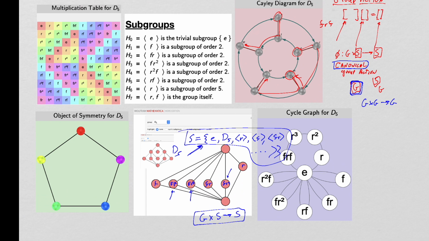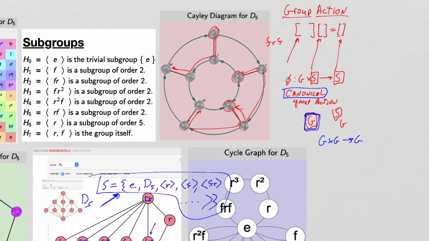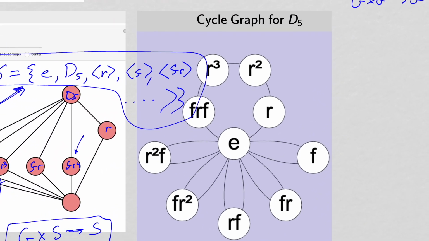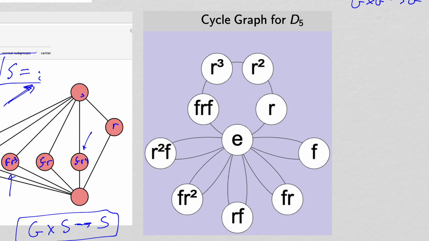But anyway, we have filled out our subgroup diagram, right? This is D5 up here. And we talked a little bit about the Cayley diagram. This is a very important diagram. And there's also, the Group Explorer is really big on these cycle graphs. And so these cycle graphs, it's good to talk about them because we talked about cyclic groups, right?